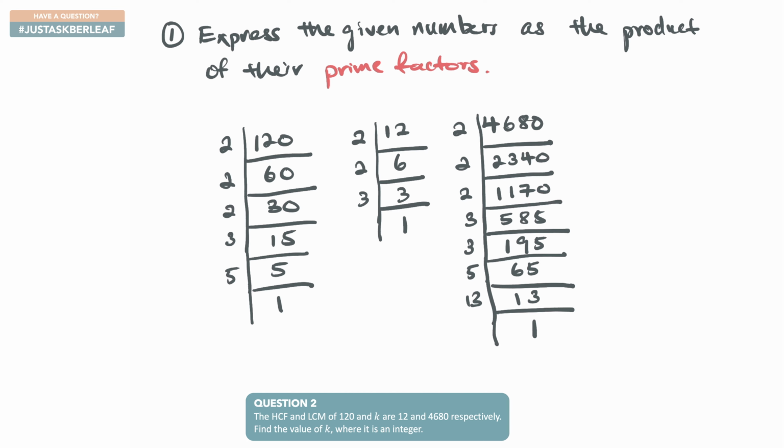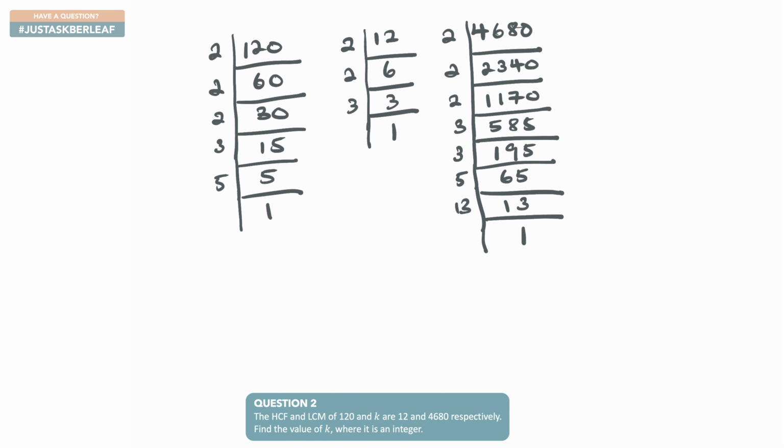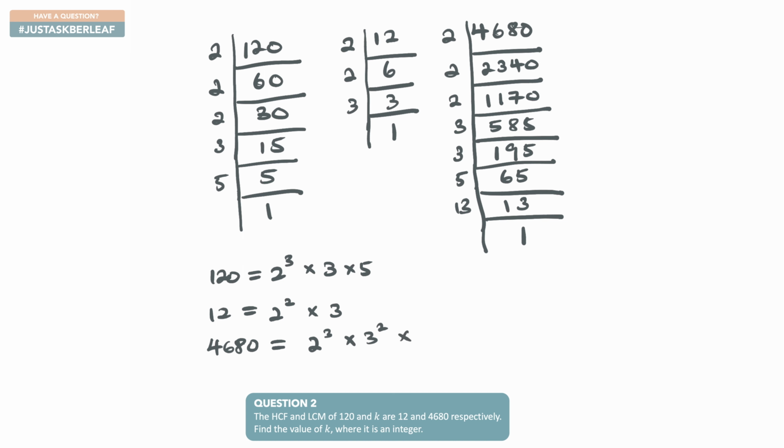Next, we shall express each of them as a product of their own prime factors. So for 120, we have it as 2 cubed times 3 times 5, while 12 would be 2 squared times 3. And last but not least, 4680 is 2 cubed times 3 squared times 5 times 13.